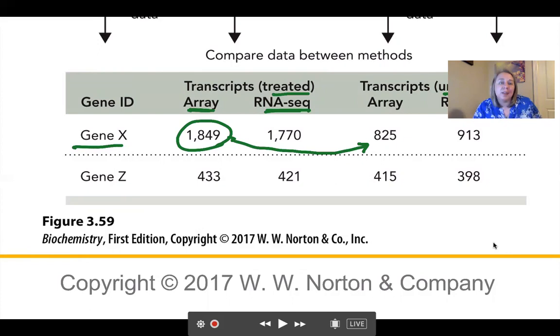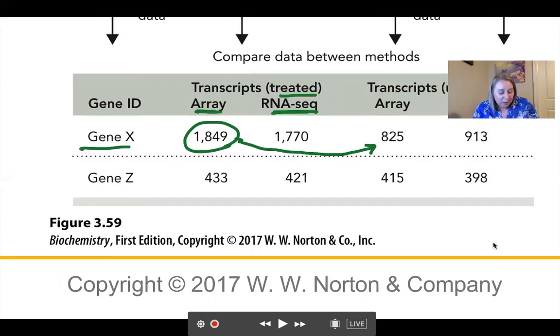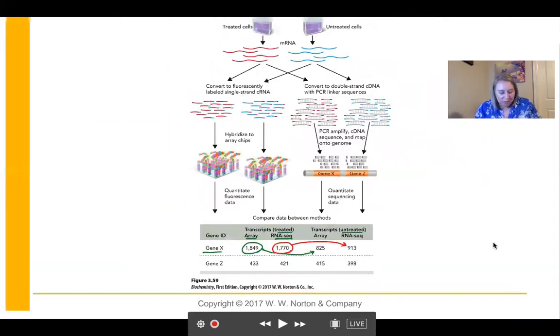But if we do the same comparison with our RNA sequencing, same gene, it doesn't really matter how many copies you have. All you're looking for is, is it upregulated? Is it downregulated? And here we also see a downregulation. So it gives you the same results.